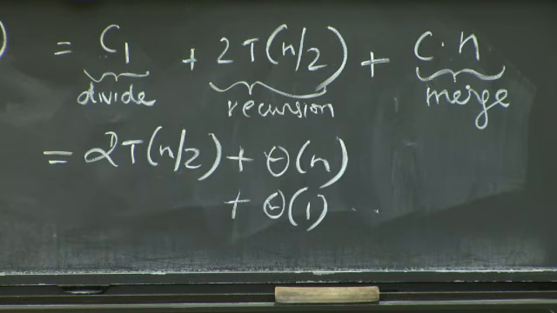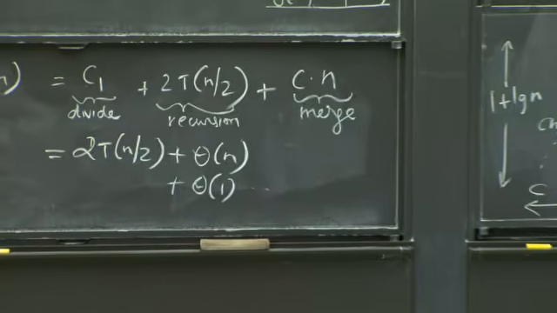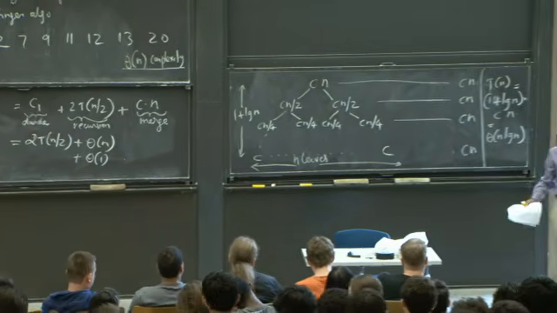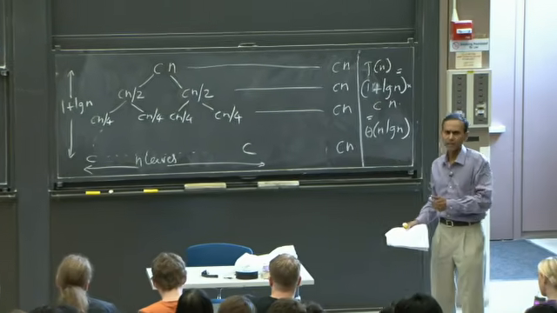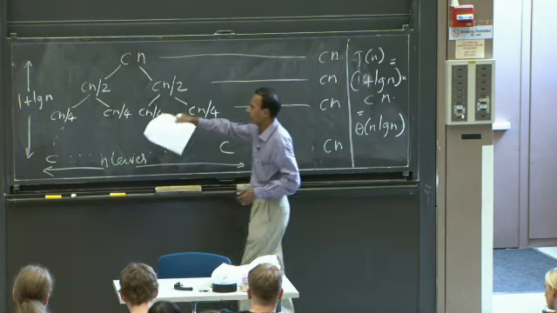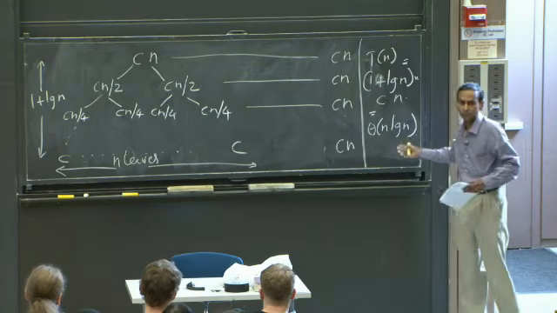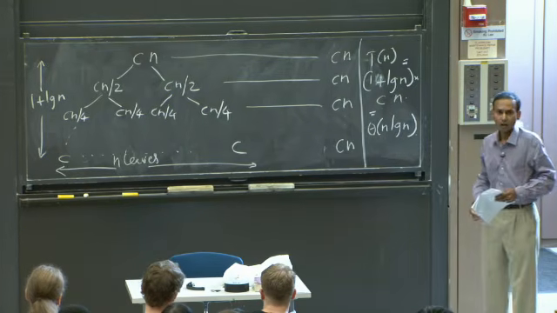It's just a constant multiplicative factor in front of the function that you have. And it's just a little easier, I think, to write down these constant factors and realize that the amount of work done is the same in each of the levels. And once you know the dimensions of this tree in terms of levels and in terms of the number of leaves, you get your result. All right?